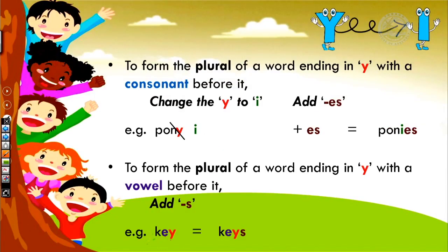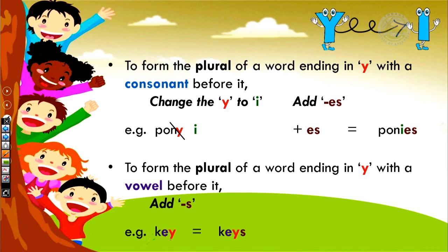Next, to form the plural of a word ending with Y, with a consonant coming before it, what we do is we change the Y to I and add ES. Let me say it again. A word ending in Y with a consonant coming before it, the Y is changed to I before adding ES. Let us look at the example on the screen.